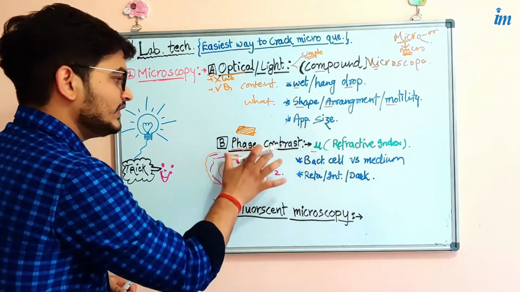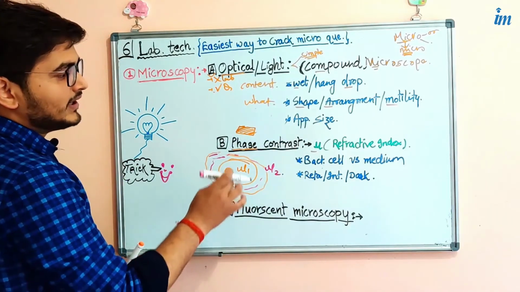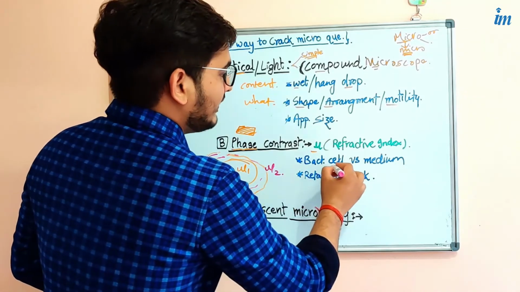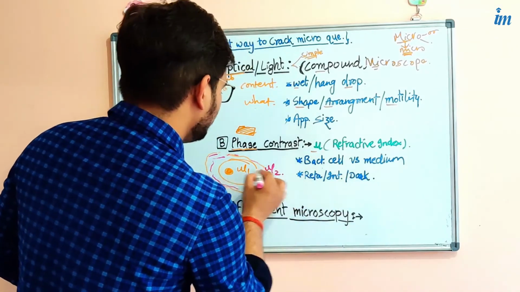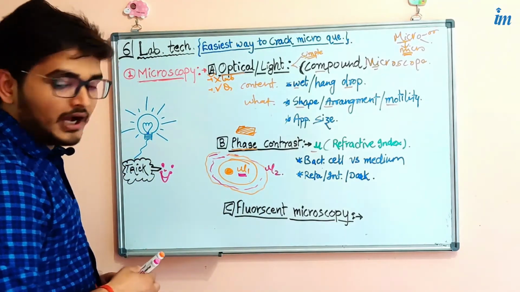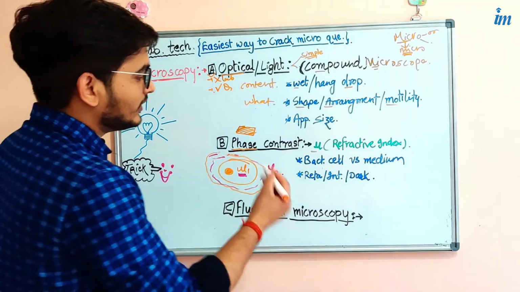So what happened is that when you use the phase contrast, at that time the bacterial cell versus the medium have different refractive indices. On the behalf of the refractive index, what happened?